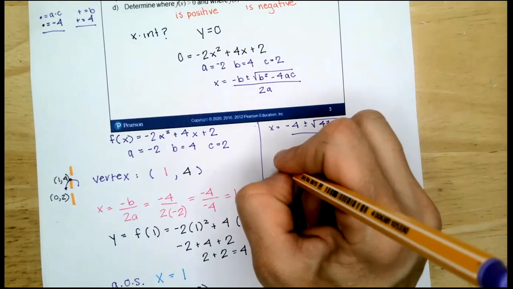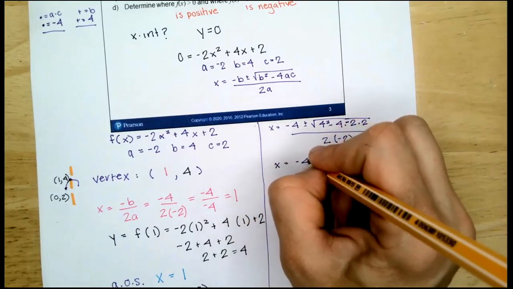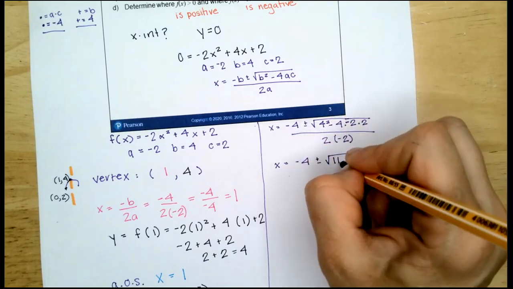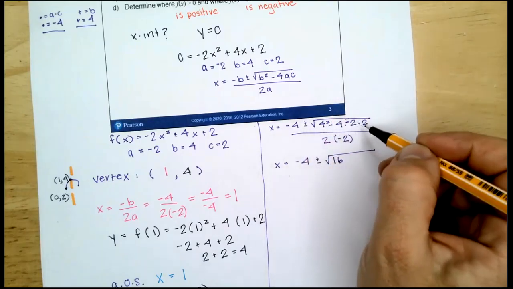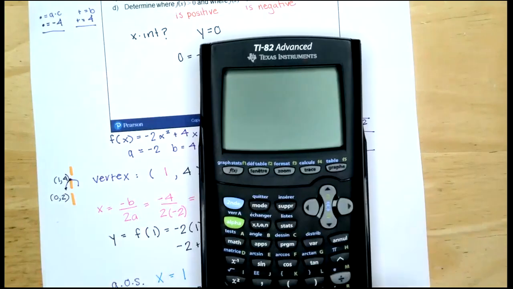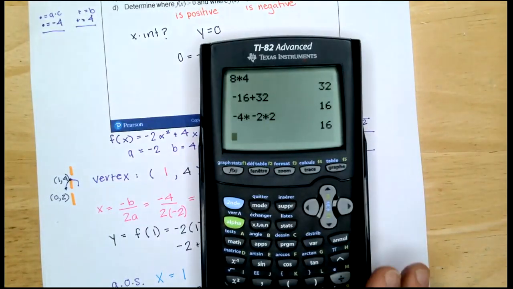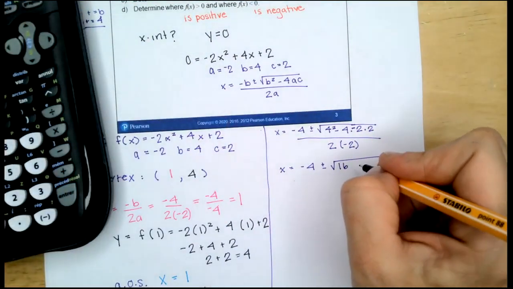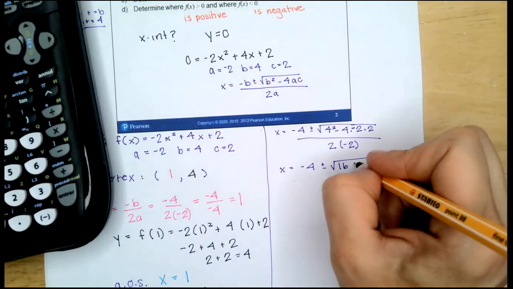Okay. x equals negative 4 plus or minus the square root of 4 squared is 16. Negative 4 times negative 2 times 2, just throw that all in your calculator, is 16. 16 plus 16.